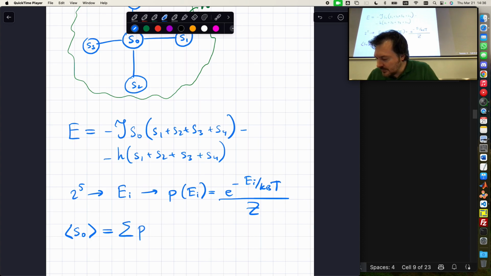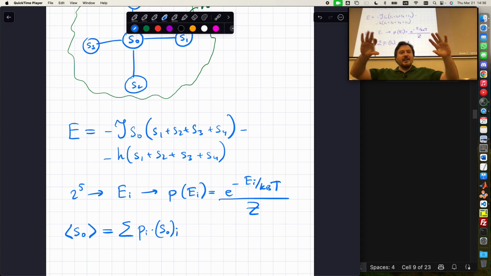Probability of being at that state, let me call it P_i, multiplied by the value of S0 at that state. So you have 2 to the 5 states. At each state, S0 has some value, +1 or -1, right? You are going to sum up all the probability of being at that state multiplied by the S0, okay?